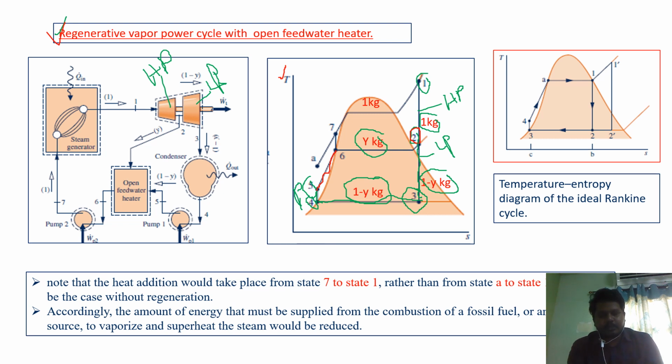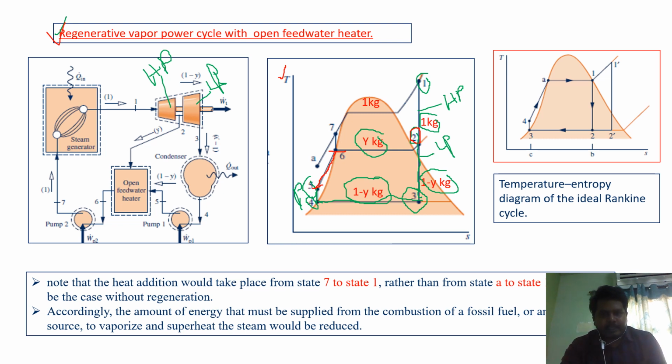Due to the temperature difference between extracted steam and condensed water, the temperature of the condensed water will increase. So if you look at the TS diagram, from point 5 to point 6, the temperature increases in the open feed water heater.